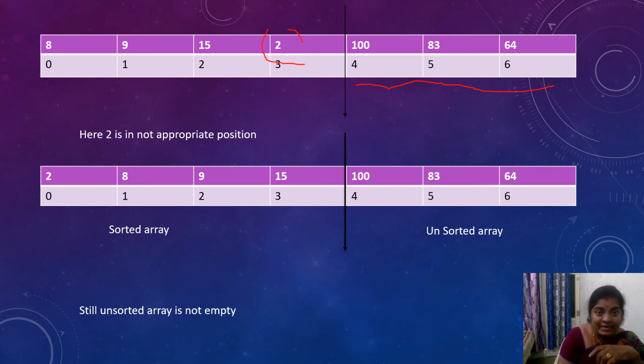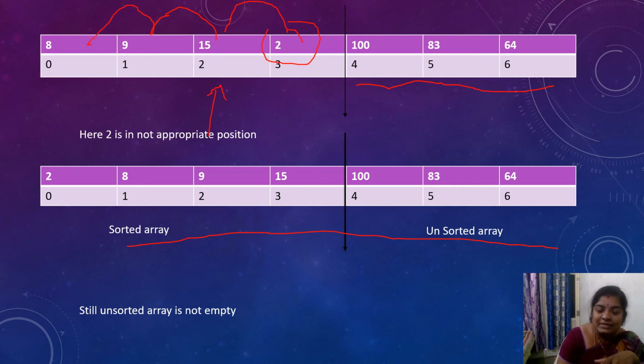After placing this element in the appropriate position, the diagram becomes like this. So compare this 2 with 15. 2 is less than 15, so move this 2 to this side. So 2, 15. Again compare this 2 with 9, less than, and move to this side.